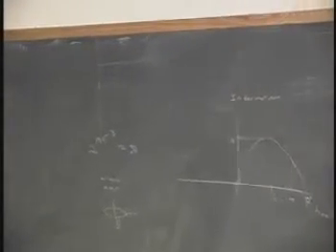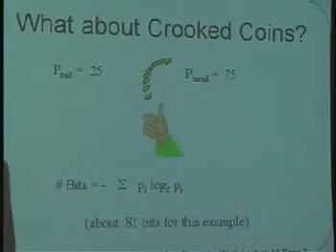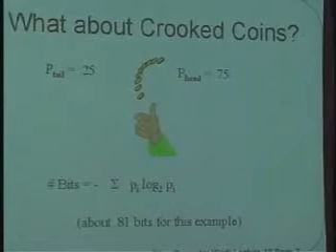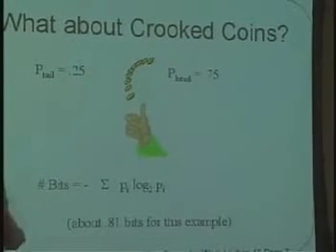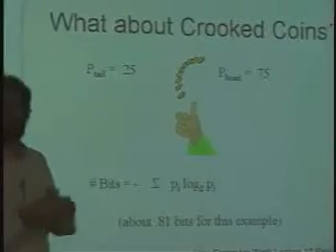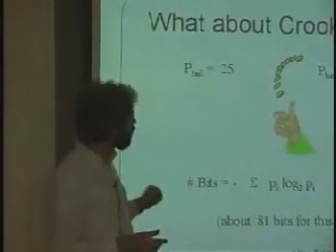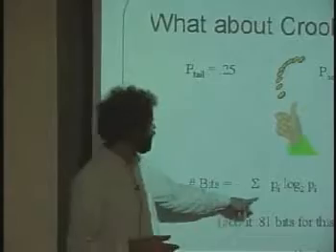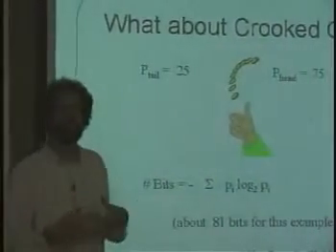Back in the 1940s, there was a guy named Claude Shannon who pioneered the study of information theory and came up with a very nice formula for measuring how much information there is in a crooked coin toss like this. Here's how it goes. The first thing that you do is take all of the probabilities of the different events taking place, whether there are 8 of them or 2 of them.